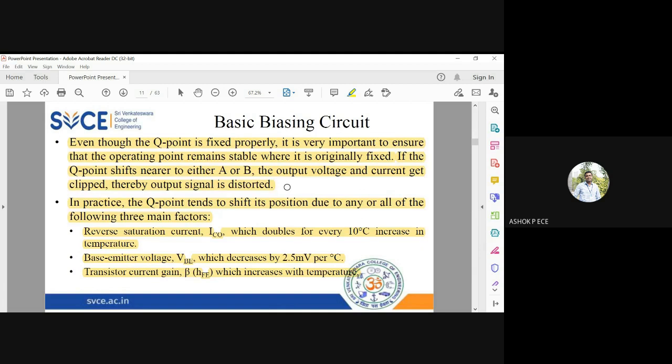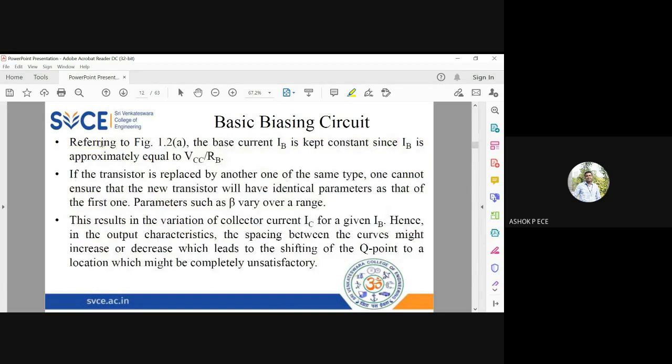You can see here, the approximate current is IB equal to VCC by RB, but the actual current is IB equal to VCC minus VBE by RB. And in the market, no two transistors can be exactly the same. If you have two transistors in your hand that are exactly the same in dimensions and parameters, they will still not behave in the same way.